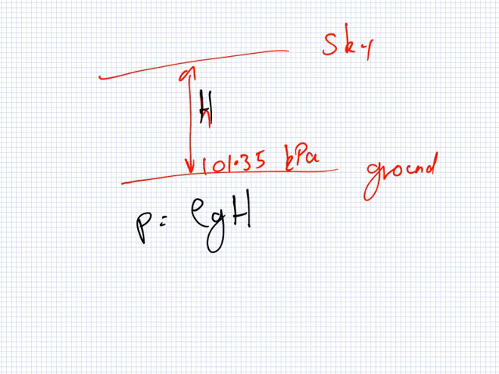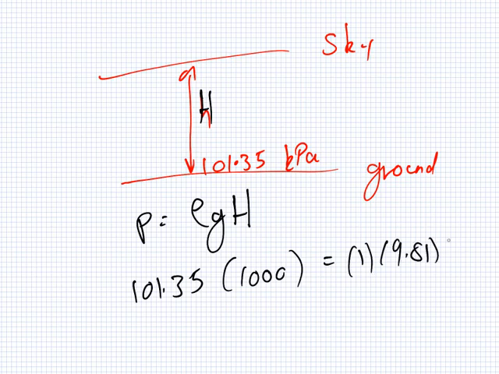Well then this is the problem why it's not the same. If I use 1, I get 101.35 times 1,000 equals 1 times 9.81 times H. So actually it's 1.2 or it's 1. It will affect the answer.